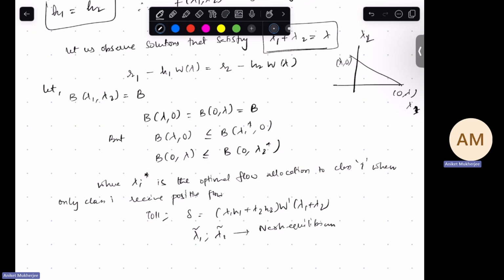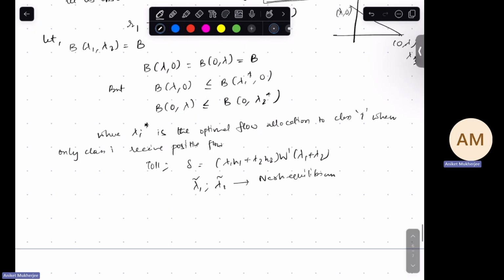When the customer classes are heterogeneous, they are sensitive to the congestion. So I'll just give a small example.